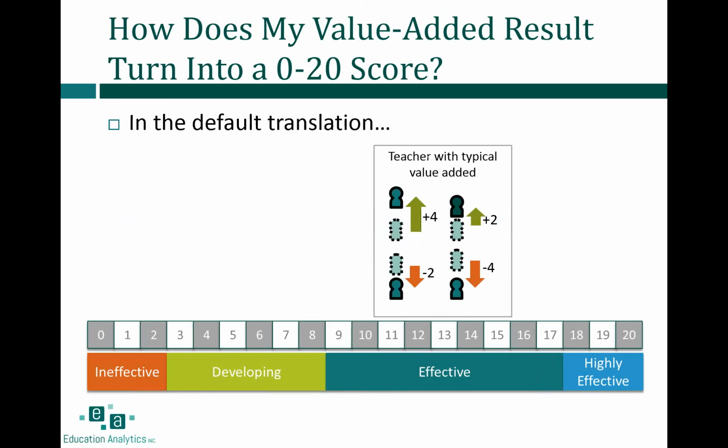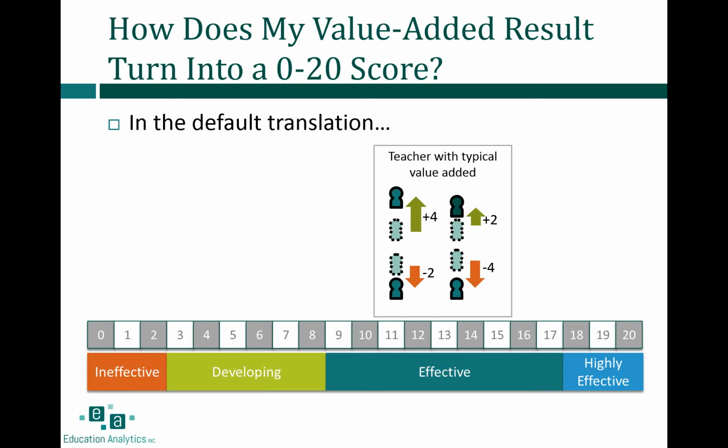How does that work? So in the default translation, what would happen if a typical teacher with typical value added has students that are just meeting their predictions? In this case, we have a teacher with a couple of students who beat their predictions. They exceeded them by 4 points and 2 points. And then a couple of students that did not meet their statistical prediction.